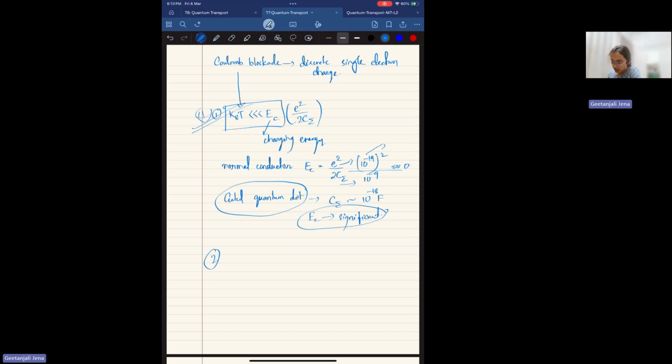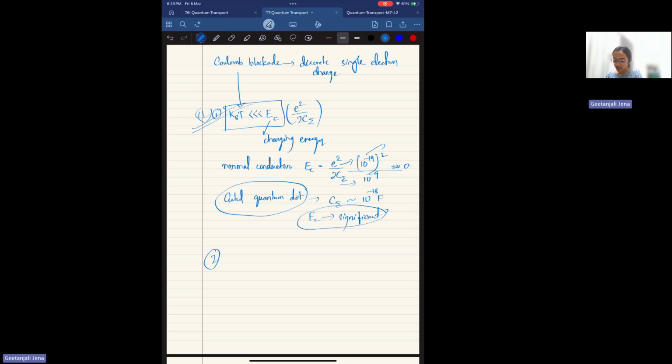The second condition to see the Coulomb blockade effect is on the tunnel resistance, the resistance present between the source and the quantum dot. There should be a tunneling region, and also between the drain and the dot there is a tunneling region, and the resistance of this tunneling region should be very large.